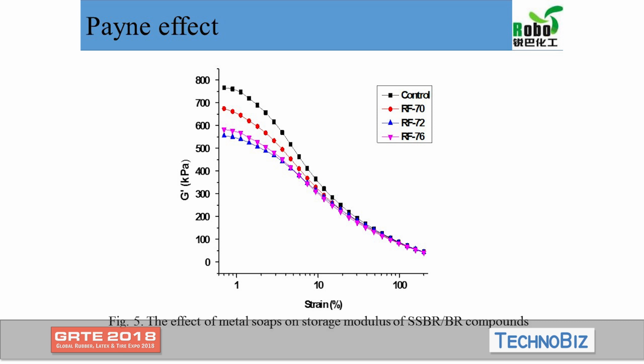Potassium soap and magnesium soap show lower Payne effect than zinc soap, because metal soap has good wetting ability to the filler, to silica. So the physical absorption of metal soap on the silica surface results in the decrease of filler network strength as well as good dispersion of silica in the rubber matrix.